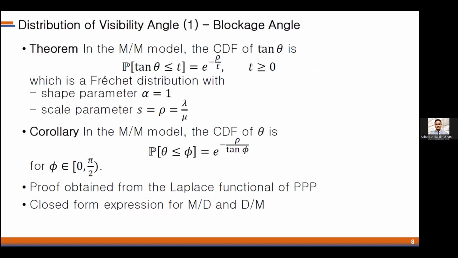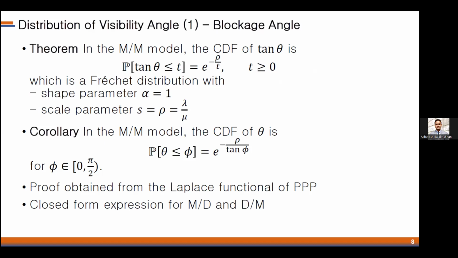So the first thing is we try to give the distribution of theta, which is the blockage angle. As you can see here, in the MM model, the CDF of tangent theta can be derived as the exponential of minus rho over t, where rho is lambda over mu, the multiplication of the density of buildings and the mean height.